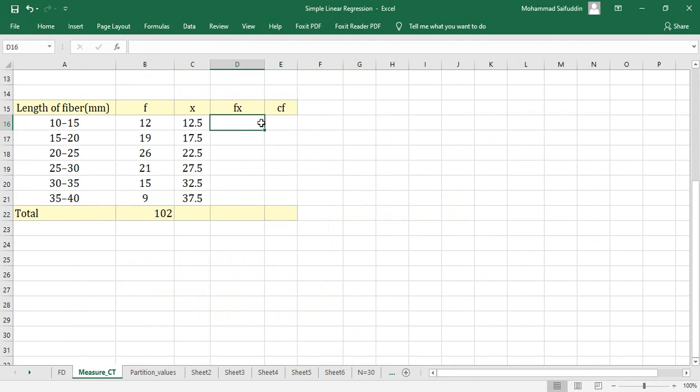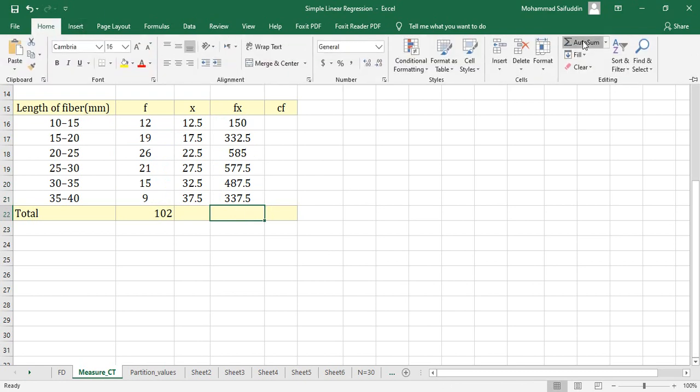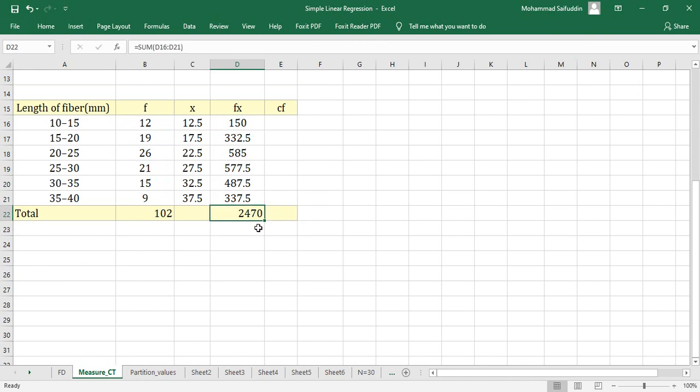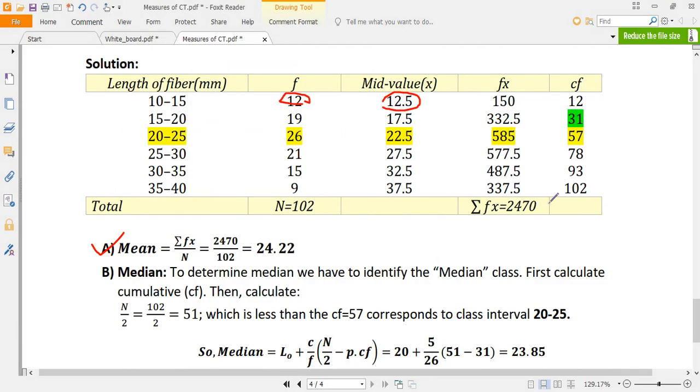Here we multiply 12 by 12.5 and we have 150, and we do the same calculation for the other cells: 19 into 17.5, 26 into 22.5, and finally 9 into 37.5. Finally we sum all these values, and by summing we have 2470.